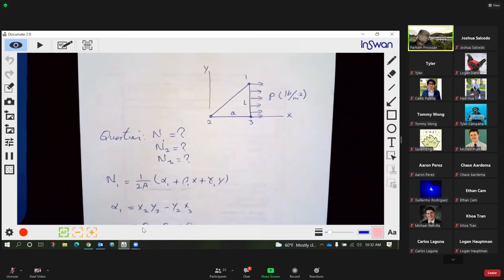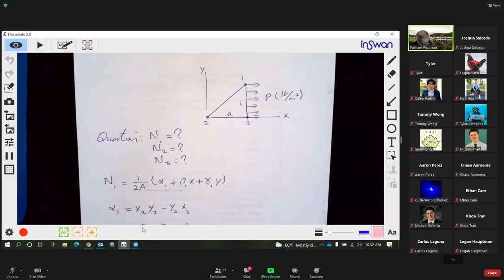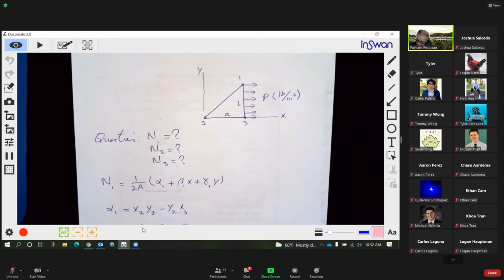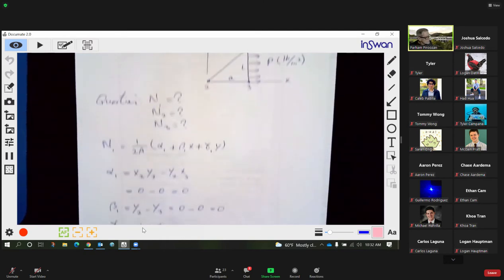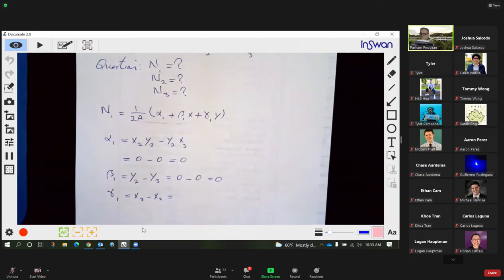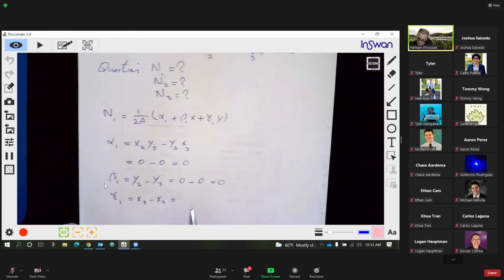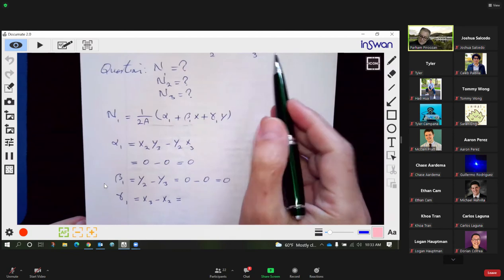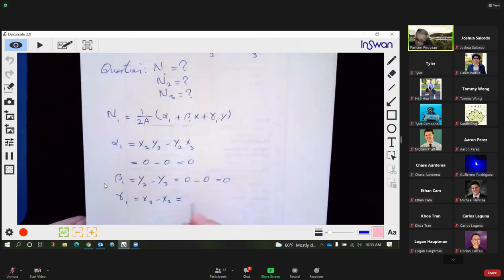Gamma 1 is x3 minus x2. Oh, you're not seeing what I'm writing. So what is this? x3 minus x2 is a.